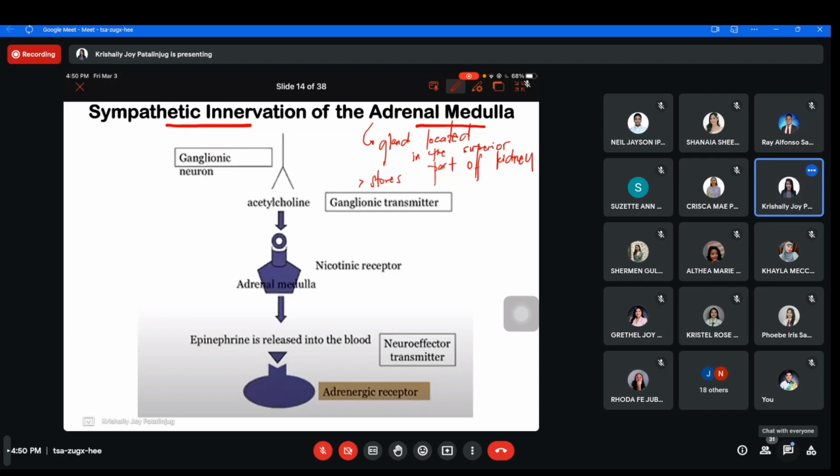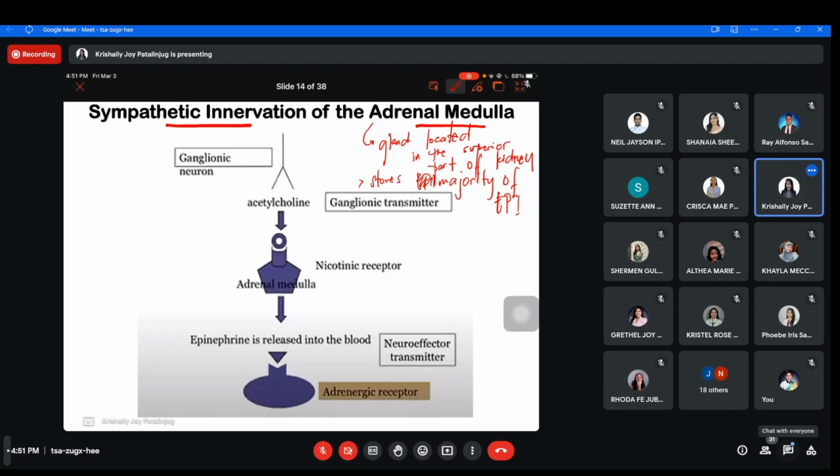Between the two, majority na sinustore ng adrenal medulla are epinephrine. So it stores, sulat ko, majority of epinephrine. Okay, I repeat. Ang adrenal medulla, that stores majority of the epinephrine in the body.